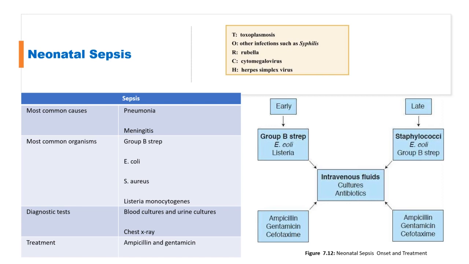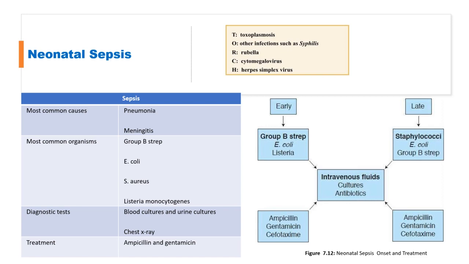I'll say Listeria mono. It's too long. Then the diagnostic tests we have to do are blood cultures, urine culture, and chest X-ray. The treatment is with ampicillin and gentamicin.